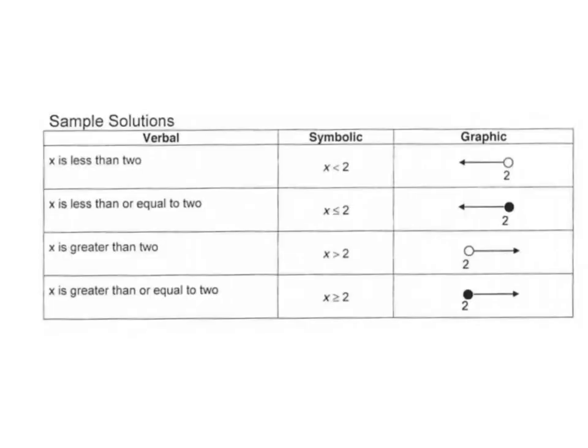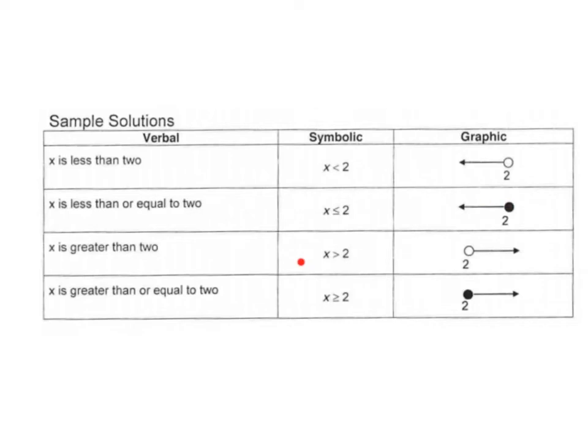So here's a little table to help us see how we say an inequality, what the inequality looks like, and how we graph the inequality. So notice, when something is less than, it goes to the left and has a non-filled in circle. If something is less than or equal to, then it is to the left still, but a filled in circle.